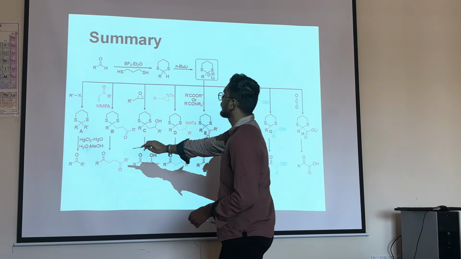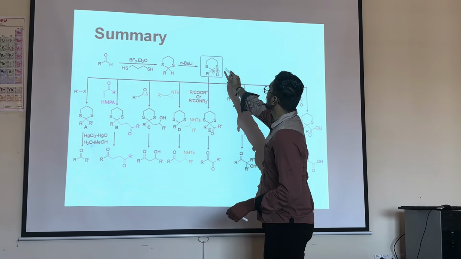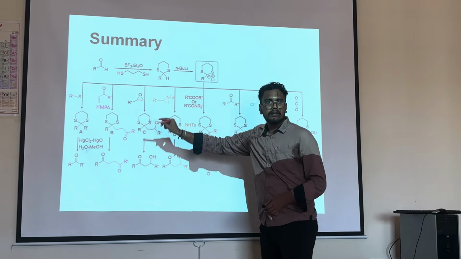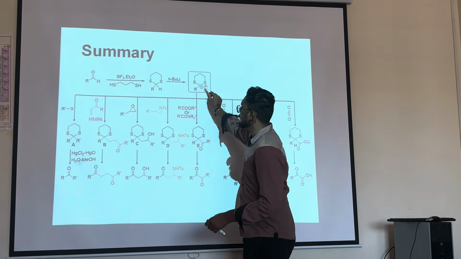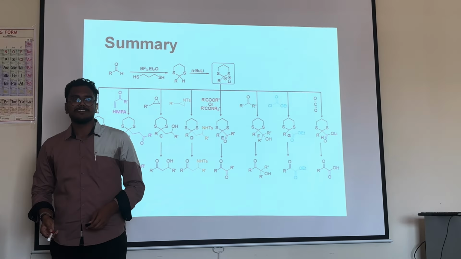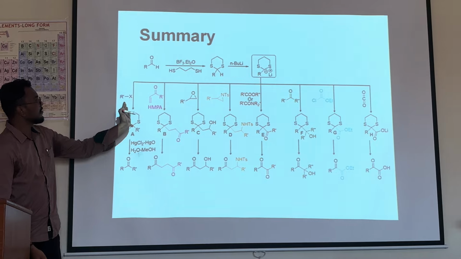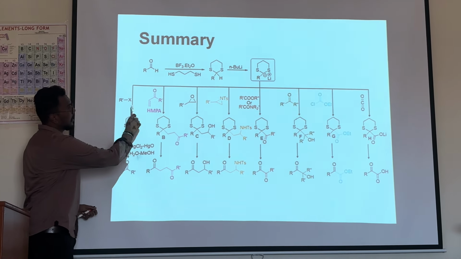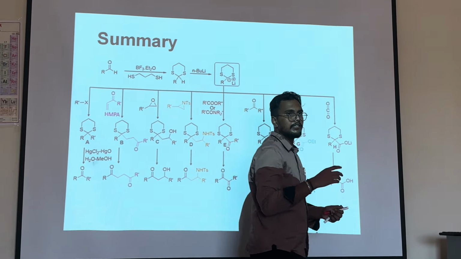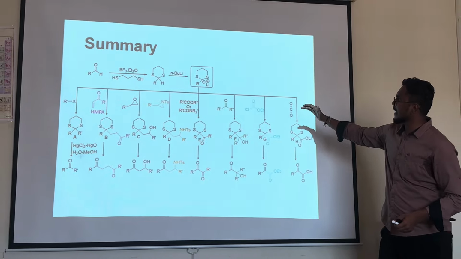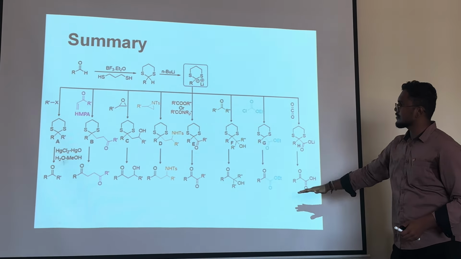See, this is the added mechanism. For this one, in every application, I added one more thing. I show you each and every step. This is just adding reagents and getting these things.